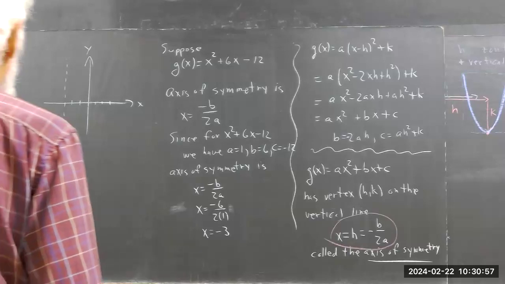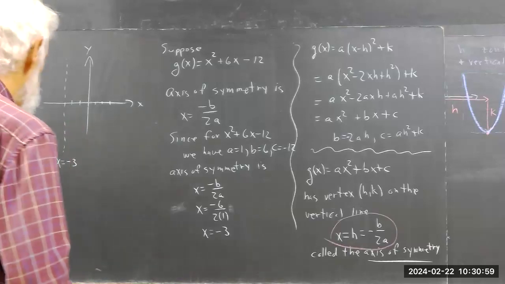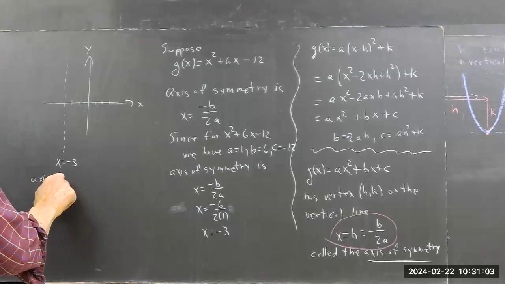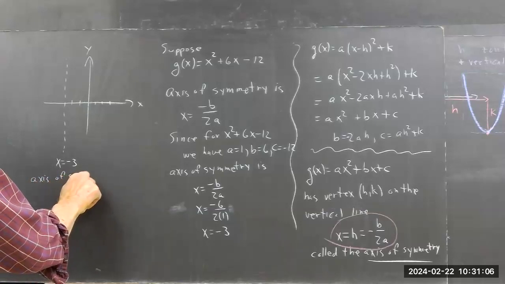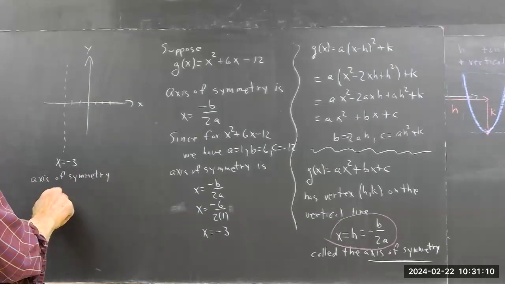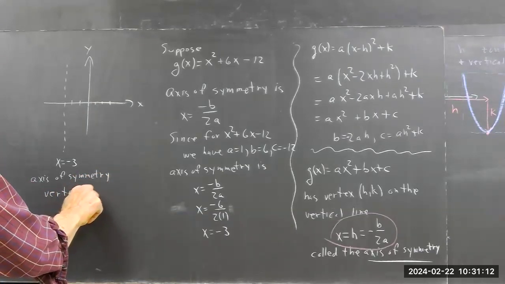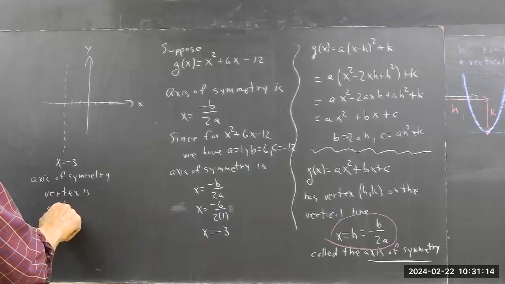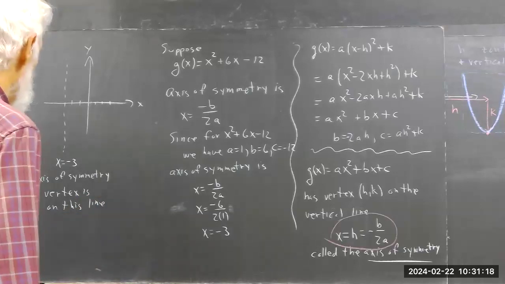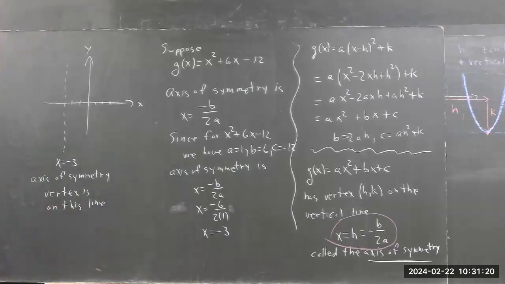All right, so now I know this is the axis of symmetry. The vertex is on this line.